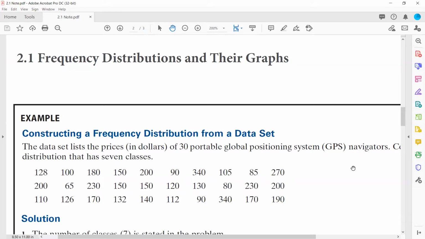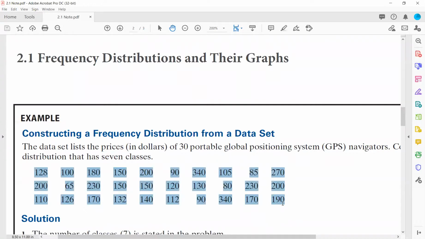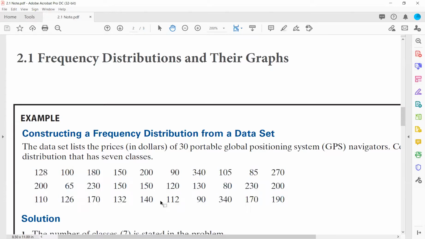The question says, construct a frequency distribution with 7 classes. So in this example, the number of classes is given to us. They already collected the data, and we trust that the data is correct. So these are the numbers that we have. Our goal is to construct a frequency table that has 7 classes.